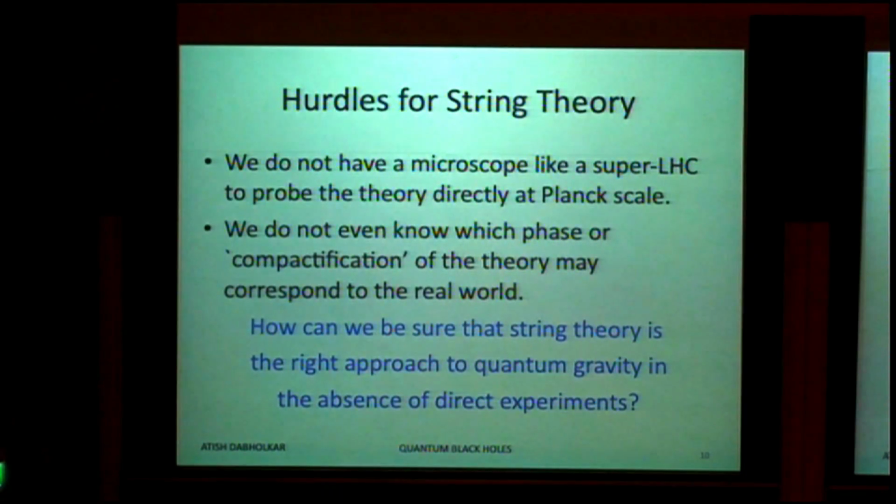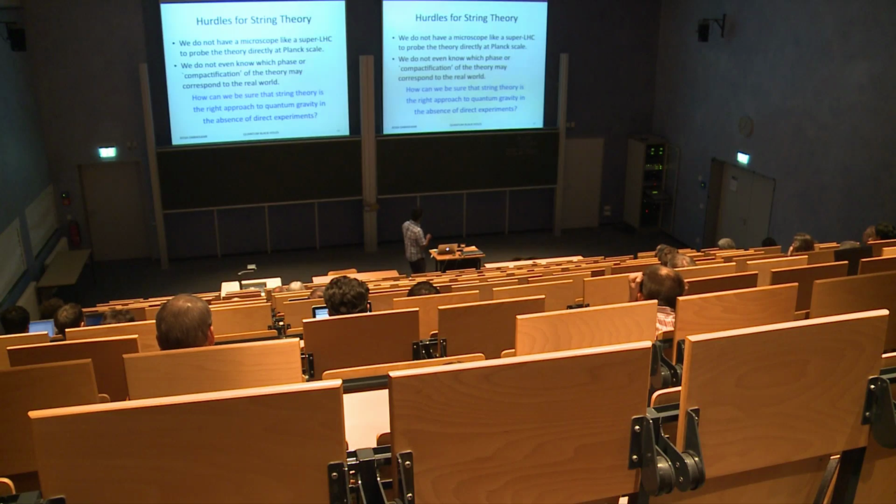So it's a bit like knowing the Hamiltonian of, say, H2O, but you don't know whether you're in the water phase or in the vapor phase. And in which case, you cannot really make predictions because you don't know. And therefore, the question becomes, how can we really be sure that string theory is the right approach to quantum gravity in the absence of direct experiments?